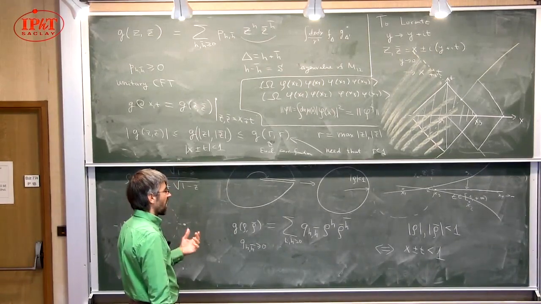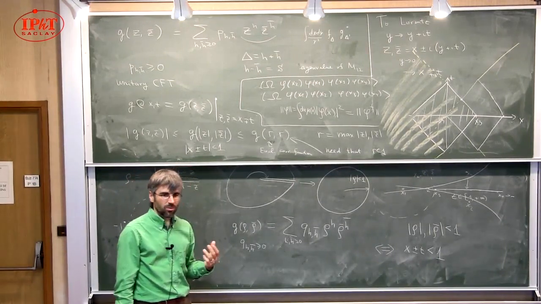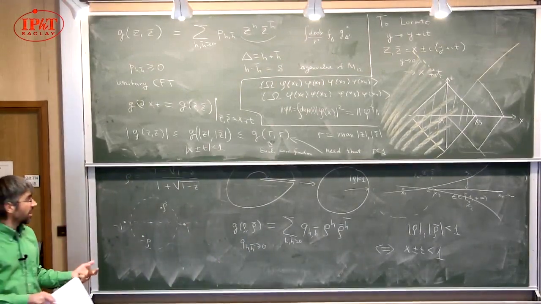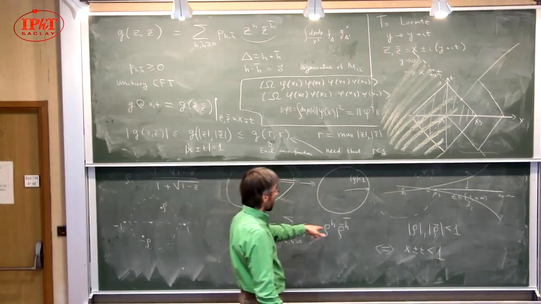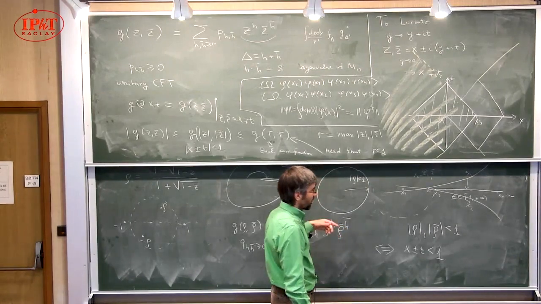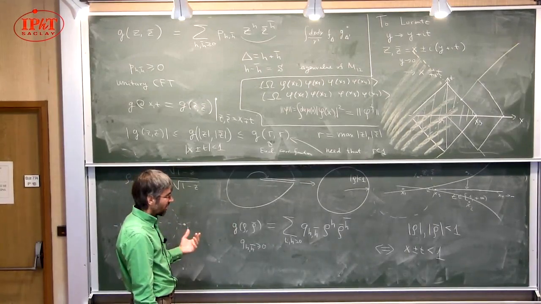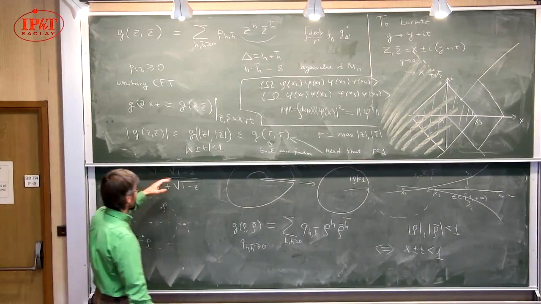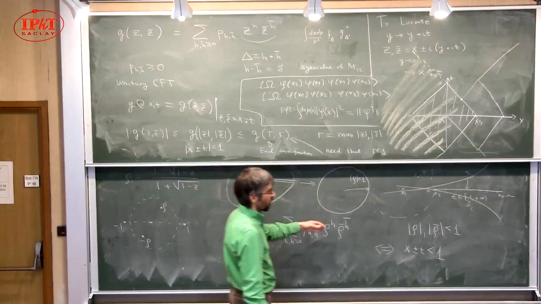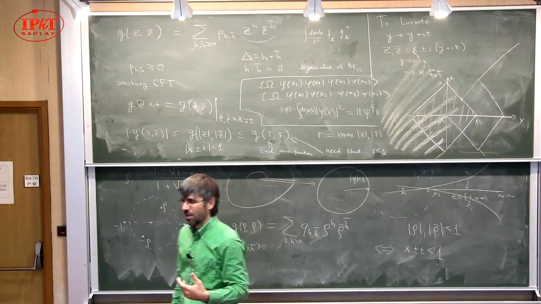In order to apply Vladimirov's theorem, I had to use a polynomial bound on my analytic continuation in terms of the original coordinates, which are x, t, and epsilon. But if I'm using this rho bar argument, I'm getting a polynomial bound in terms of rho and rho bar. So strictly speaking, I have to study how rho and rho bar depend on z and z bar through this formula, and show that a polynomial bound in terms of rho and rho bar actually implies a polynomial bound in terms of coordinates x, t, and epsilon.